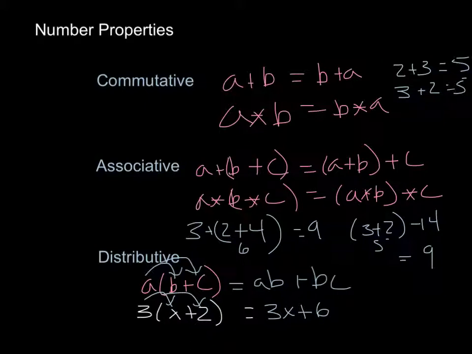And that's the distributive property. So I've got commutative, associative, and distributive, and like I said, there's other ones, but these are the important three that come up on a somewhat regular basis in algebra.